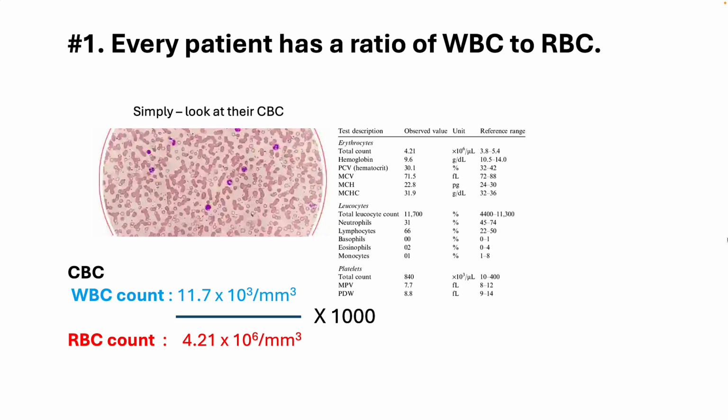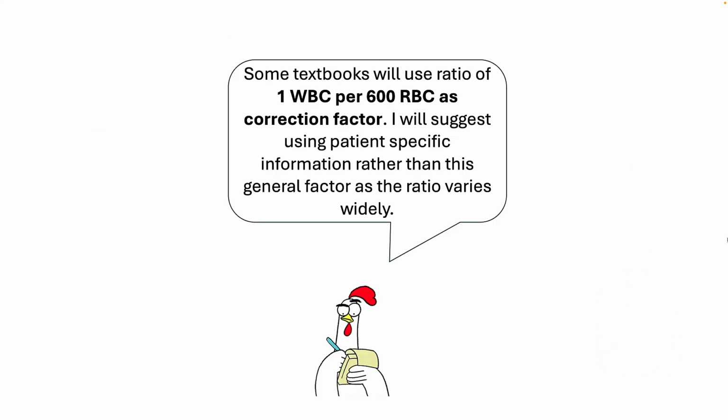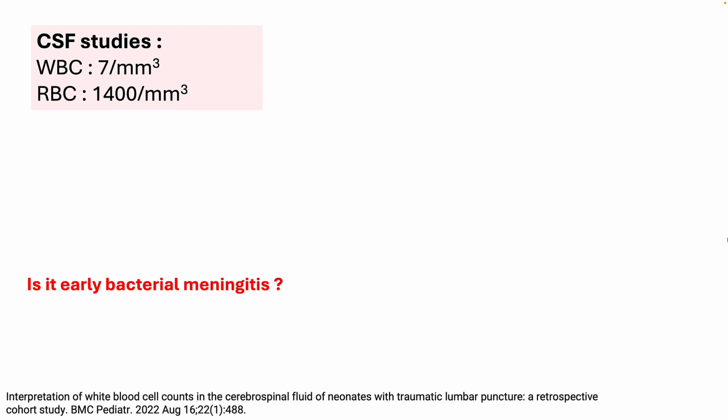When you divide this and multiply by 1000, you will get a ratio of 2.8 WBC per 1000 RBCs in this patient. Some textbooks will use a ratio of 1 WBC per 600 RBCs as a correction factor. I would suggest using patient-specific information rather than this generalized number, as the ratio varies widely and sometimes on a daily basis.